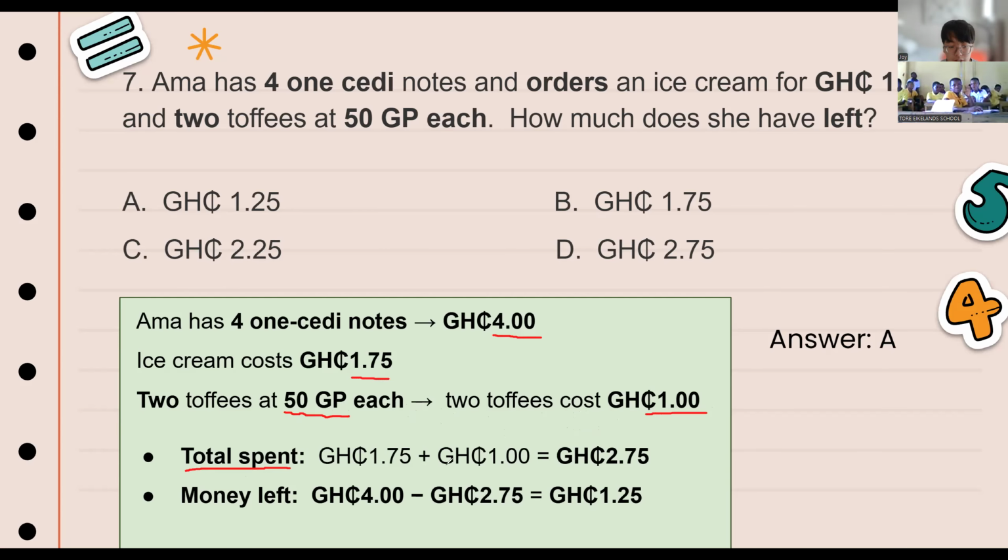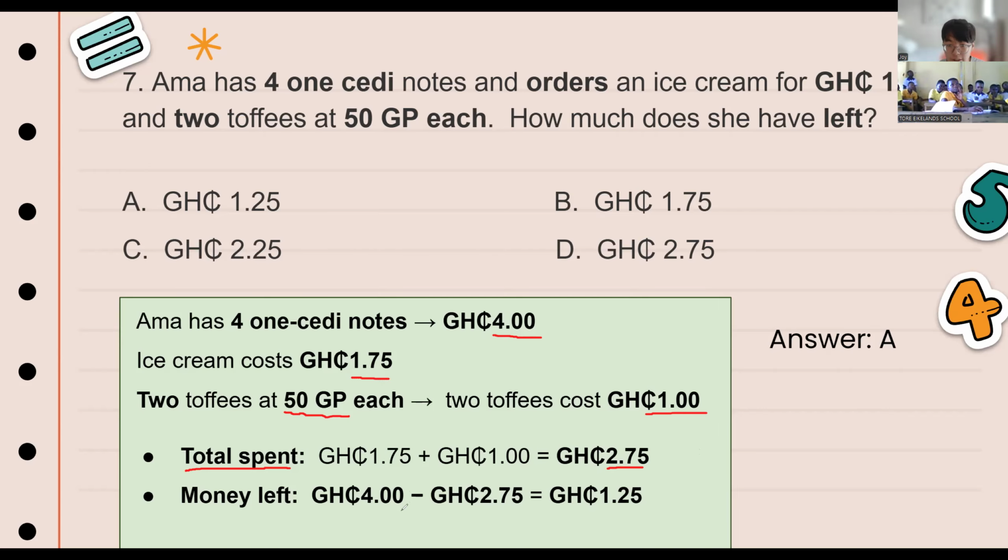Total spent? That is 1.75 on ice cream, plus two toffees, which cost one cedi in total. So the total amount spent on ice cream and two toffees is 2.75.